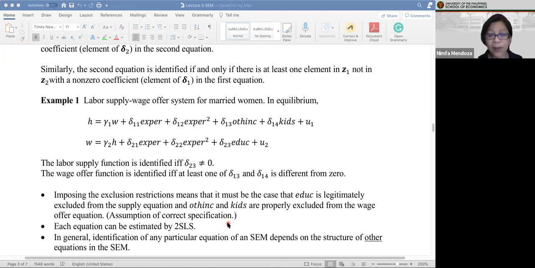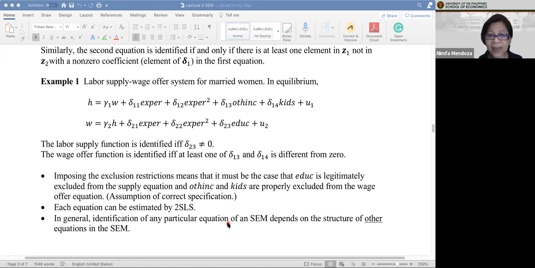Okay, so in this case then, if you want a single equation method, you can estimate each equation separately using two-stage least squares, right? So you can estimate this labor supply equation.